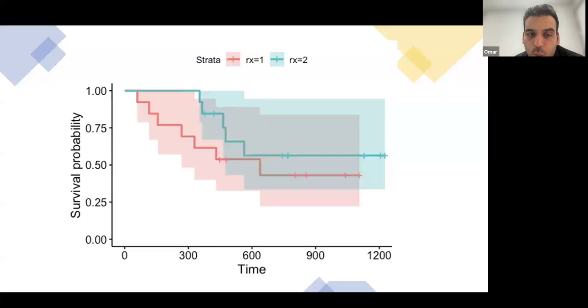The reason I picked you is because you said lost to follow up and you said they died. So let me give you a good example. Let's say that my event of interest is revision. Just revision. Revision of a knee replacement, knee arthroplasty.